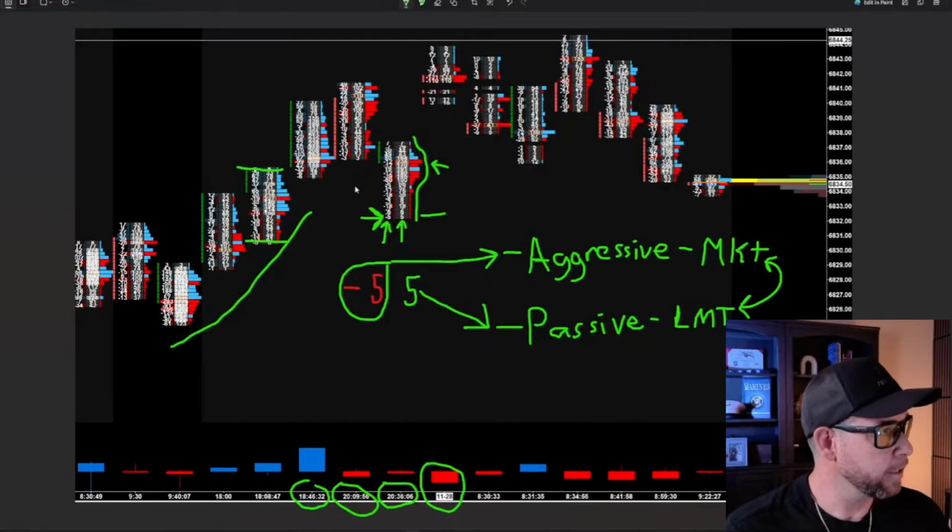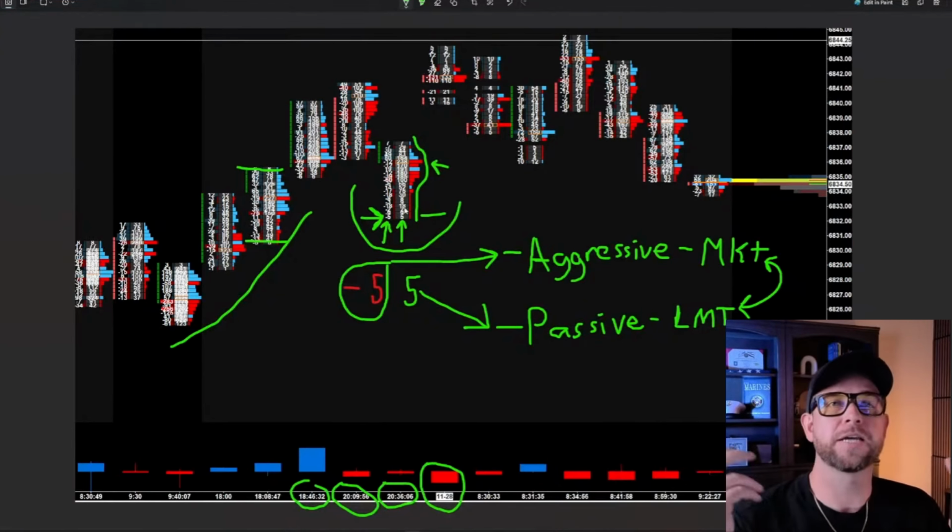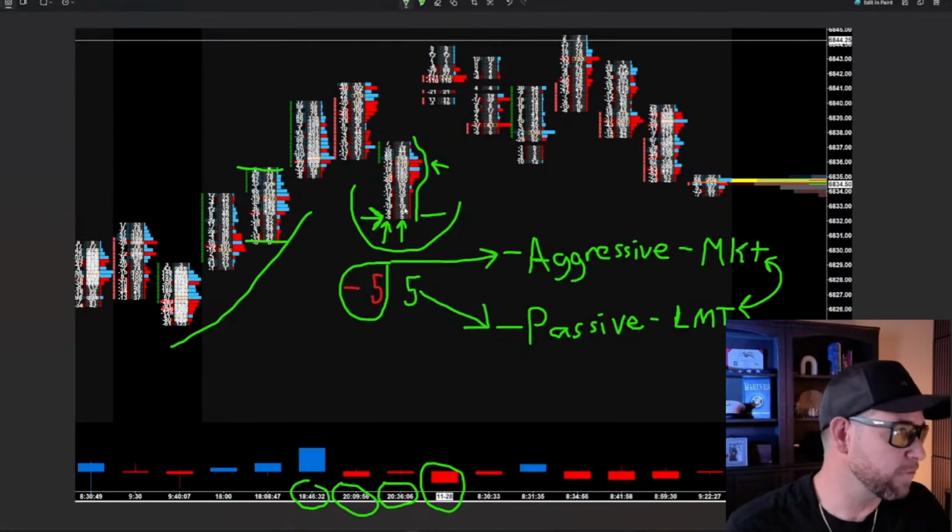We pulled back as far as there were aggressive sellers overtaking passive limit buyers until sellers ran out of gas, I guess you could say. There was no one left selling aggressively, and there were still enough passive buyers that all 5 of them were bought, and no one is left to sell.